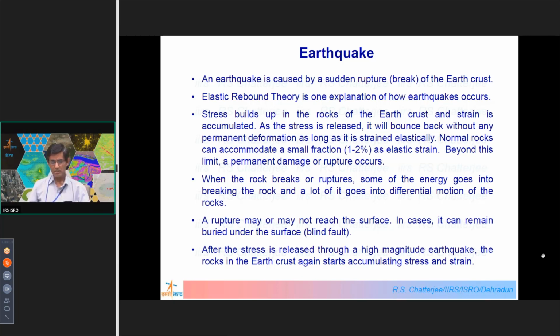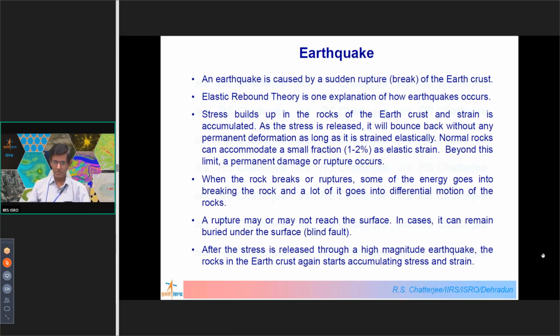So when the rock ruptures and an earthquake occurs, some of the energy goes into breaking the rock and a lot of energy goes into the differential motion of the rocks. Sometimes this rupture or fault may not reach the surface.